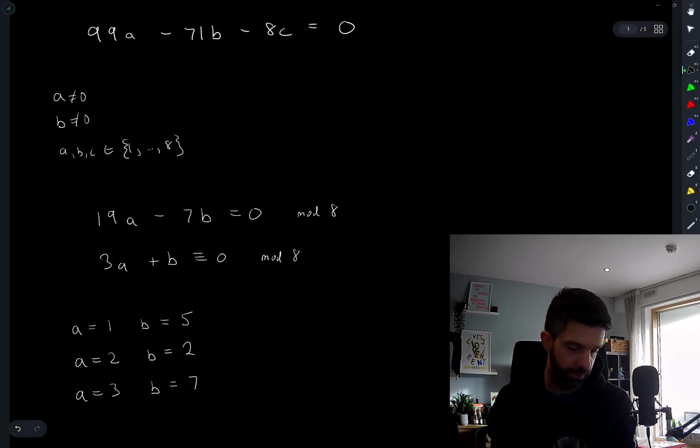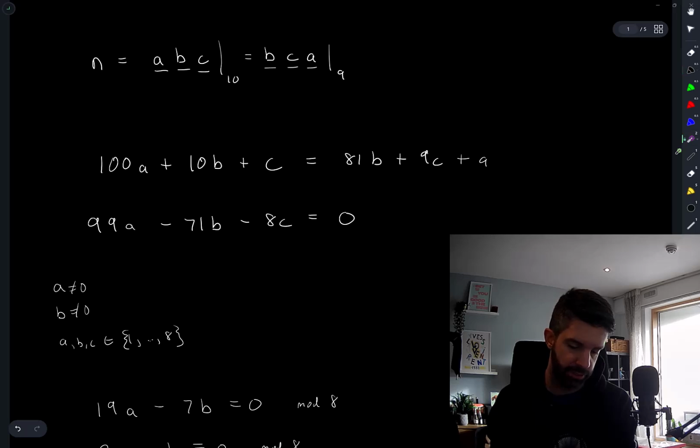But then when we go back to the original equation, there's a big gap between 99 and 71.